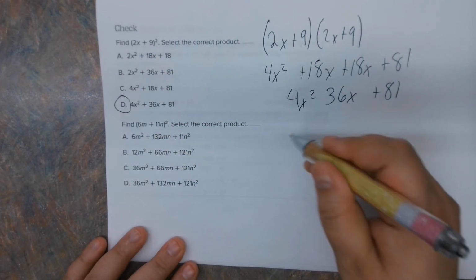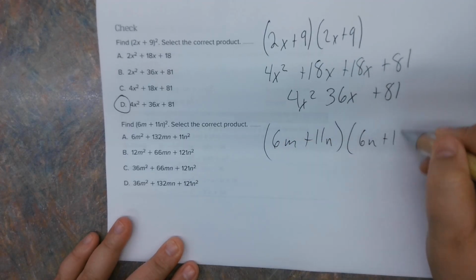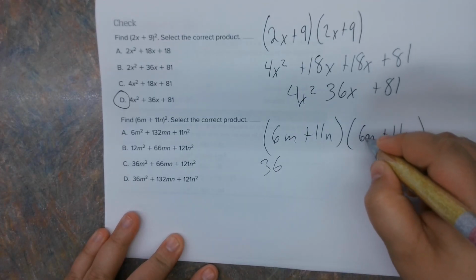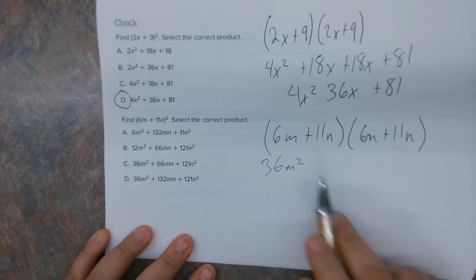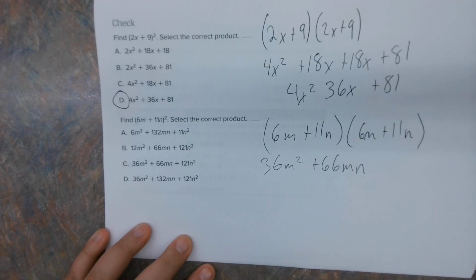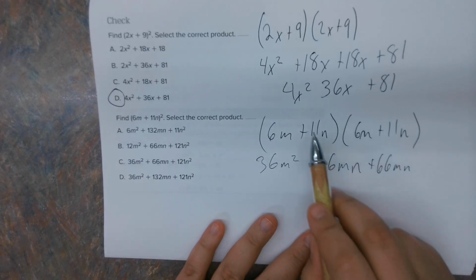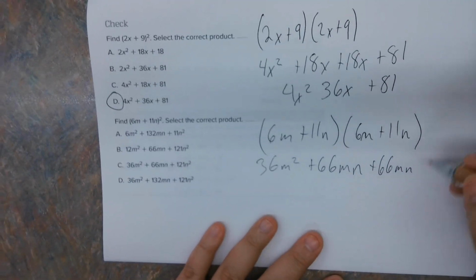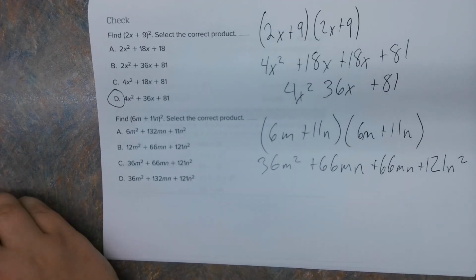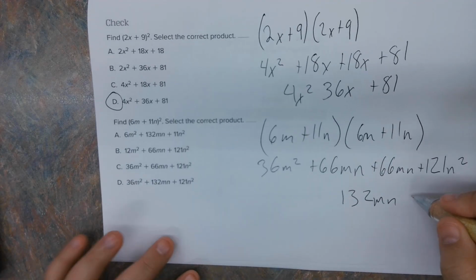Now this one. 6m plus 11n. 6 times 6 is 36, m squared. 6 times 11 is 66mn. 11 times 6 is 66mn. 11 times 11 is 121, and then I've got n squared. 66 plus 66 is 132mn.